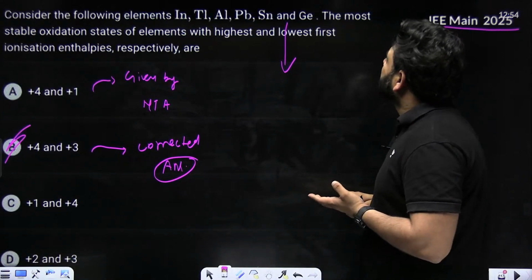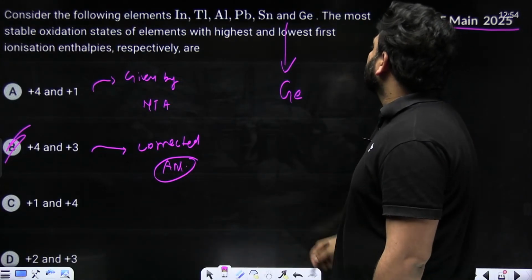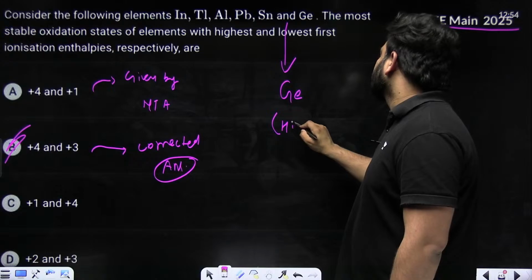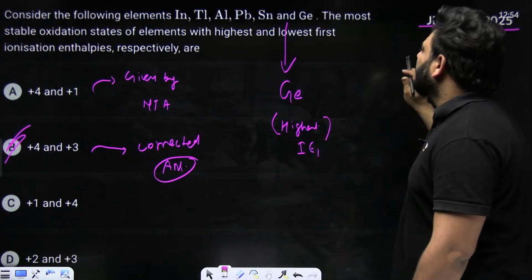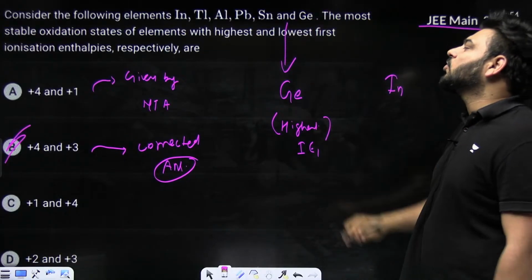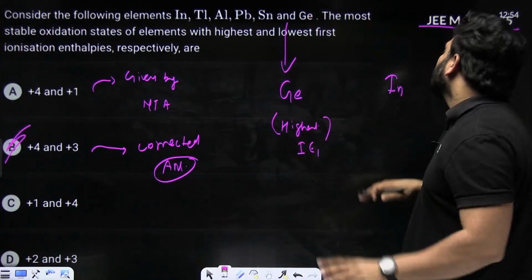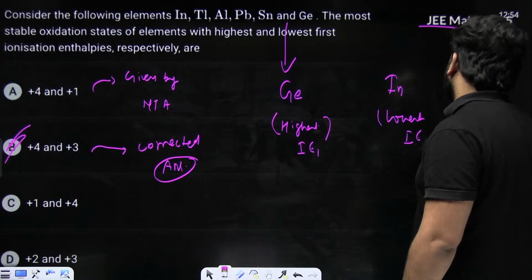So carbon is not there, silicon is not, germanium. So germanium is the correct answer. Germanium has the highest IE1 out of all of them, and lowest will be of indium. In the 13th group, indium is at the lowest out of all three, so this has the lowest ionization energy 1.